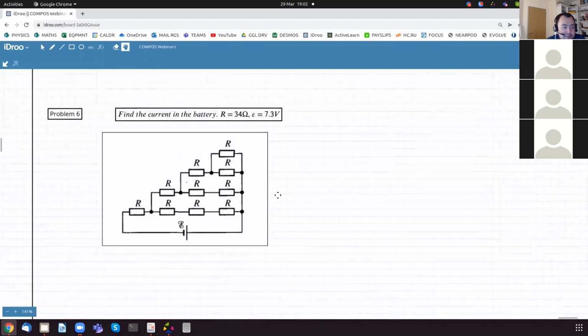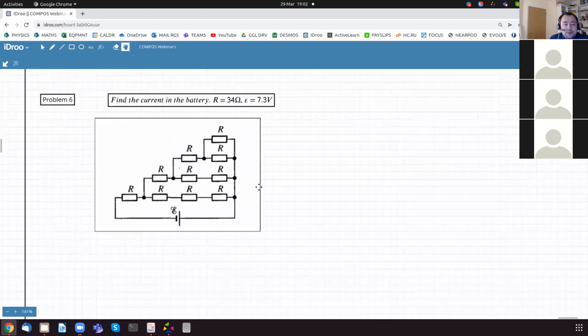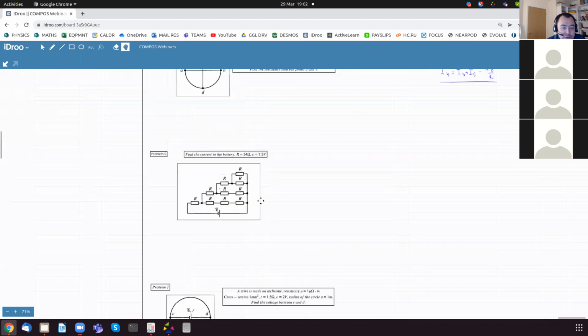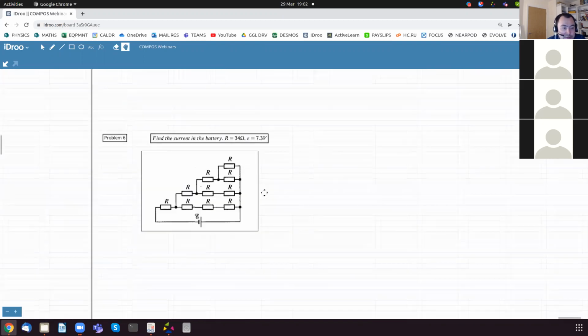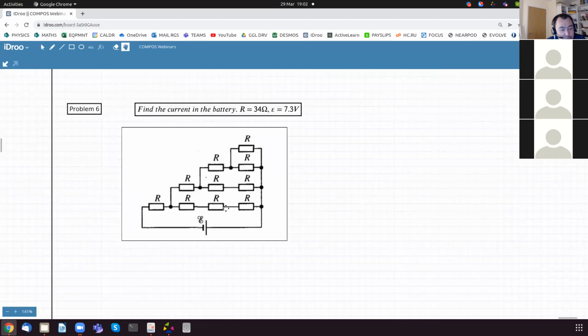Find the current in the battery. So problem 6. This is an example where you don't really need to use Kirchhoff's laws, but in fact you can use equivalent circuits.